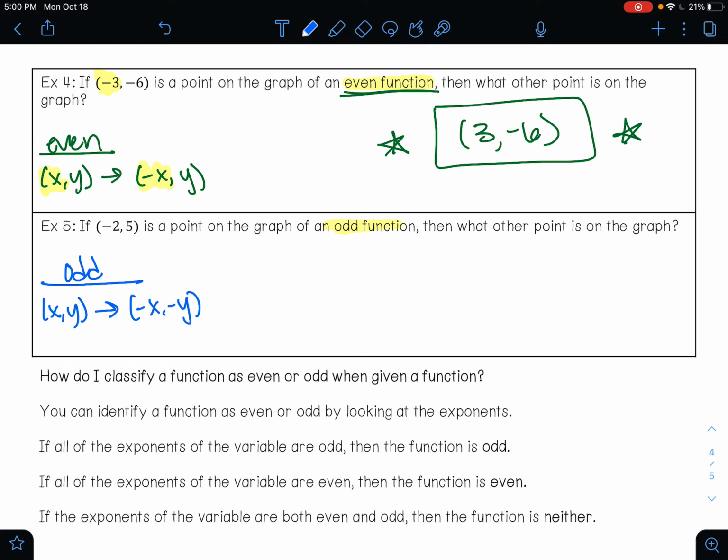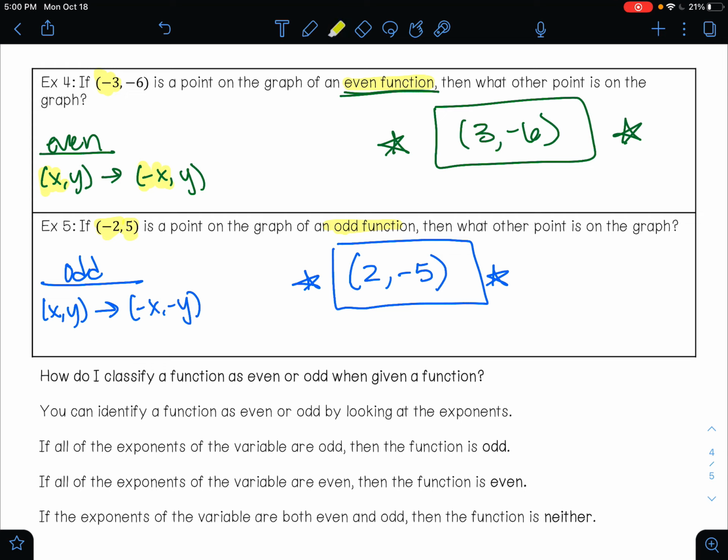So you just need to change your signs of both. So -2 is negative, so I gotta make that positive. 5 is positive, so I need to make that negative. So if the point (-2, 5) is an ordered pair on an odd graph, so is the point (2, -5).